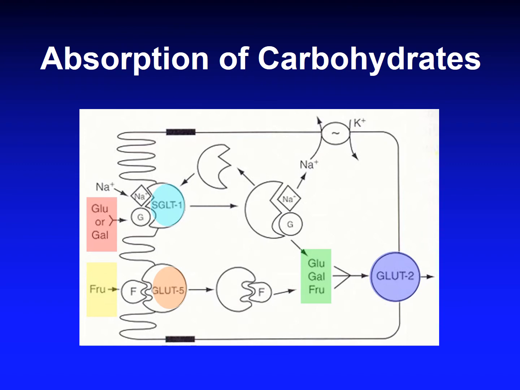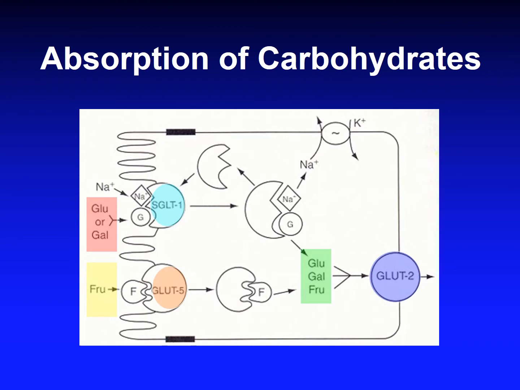This is a picture of the enterocyte. Fructose, on the other hand, requires a carrier that's called GLUT5. GLUT5. When these carriers are present, they carry glucose, galactose, and fructose to the inside of the enterocyte, as shown in the picture.